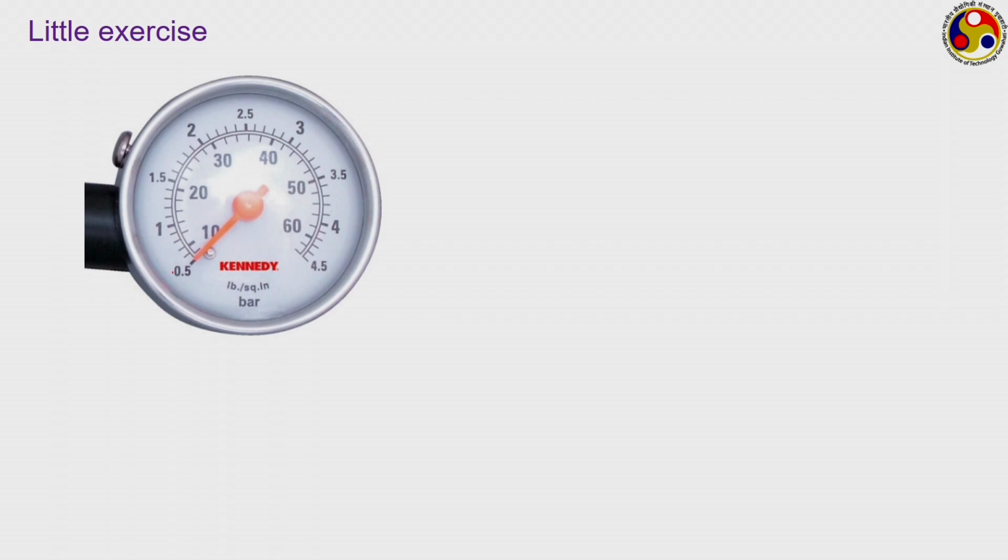Say if we change the system pressure from 1 bar to 2 bar, then how much is the change in the angle of this indicator? If we extend this to the center, it will be 1 bar, this will be 2 bar, then this angle is a measure of the deflection the indicator has suffered. Then sensitivity will be given by this deflection divided by the change in the input quantity.